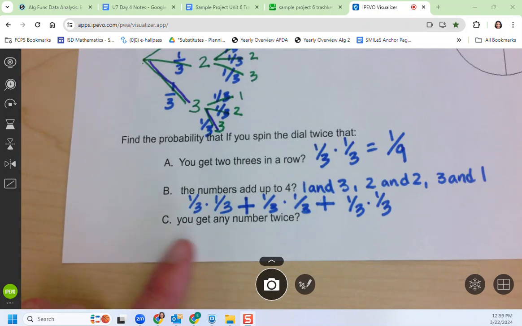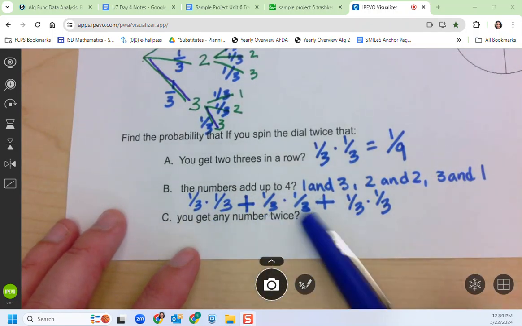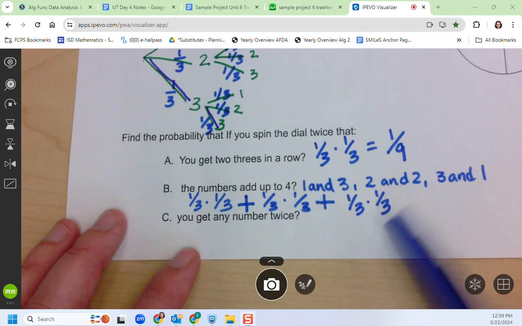So we already know 1/3 times 1/3 is how much? We just did it in the last problem. What did we get? 1/9, yeah. So this is going to be 1/9, this is going to be 1/9, and this is going to be 1/9.